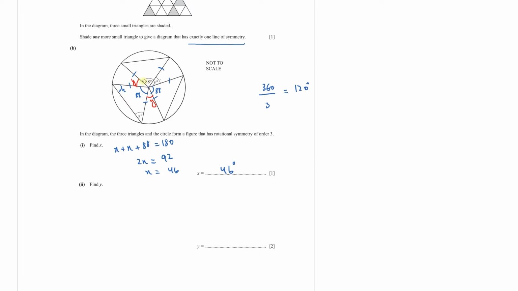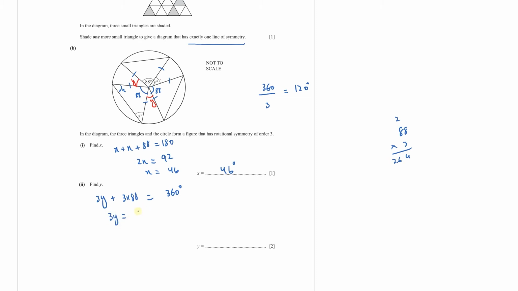So now your full circle is 360. So you have 3 times y, 3y, plus you have 88 degrees 3 times as well. So plus 3 into 88, and this is a full circle, so you will get 360 degrees. So 88 into 3 is, 8 threes are 24, 2 carry, 8 threes are 24, 264.